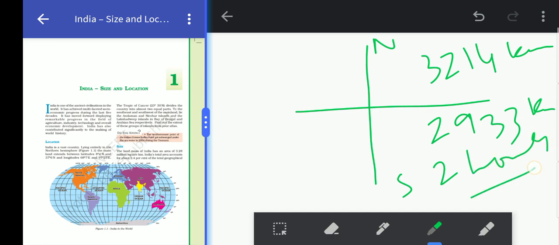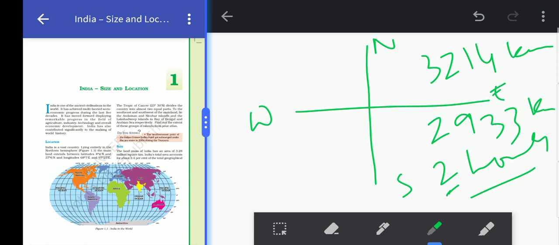Means suppose if the sun rises in Arunachal Pradesh at 4 a.m., the sun will rise in Gujarat at 4 plus 2, 6 a.m. That is the difference.